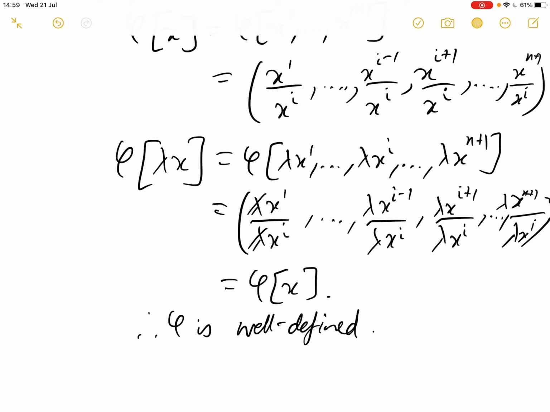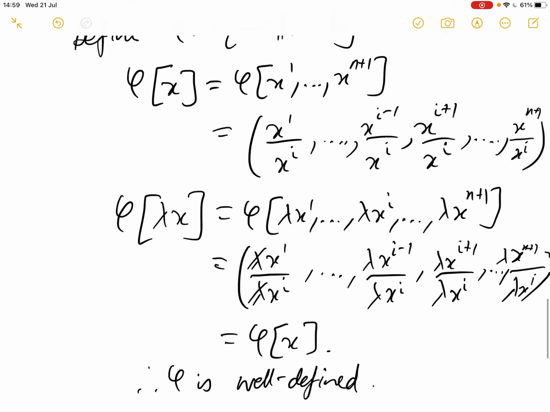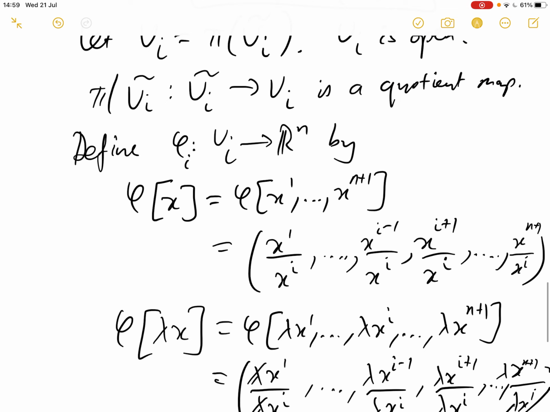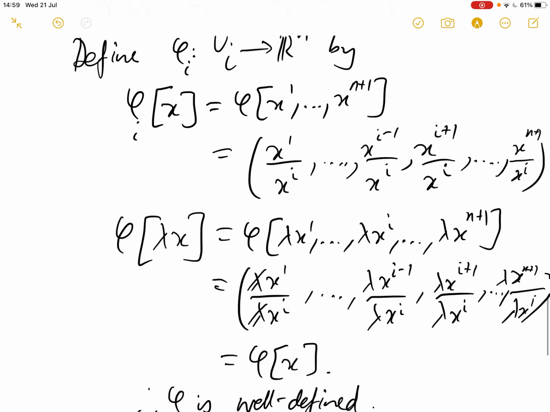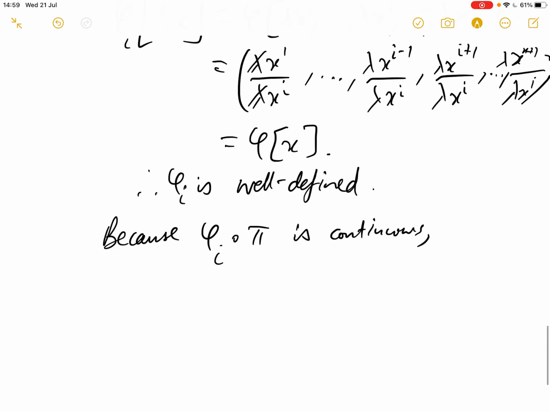And then, furthermore, if we call this phi_i, I should have said phi_i. So phi_i is well defined, and because phi_i composed with pi is continuous, it follows that phi_i is continuous.